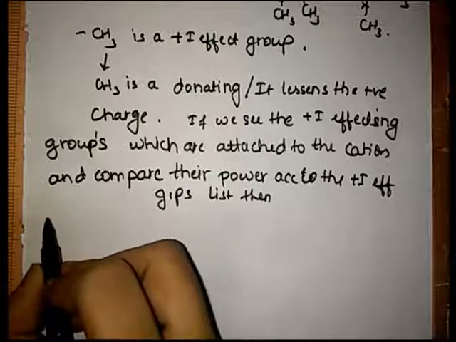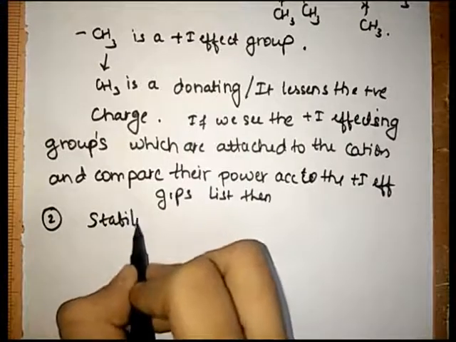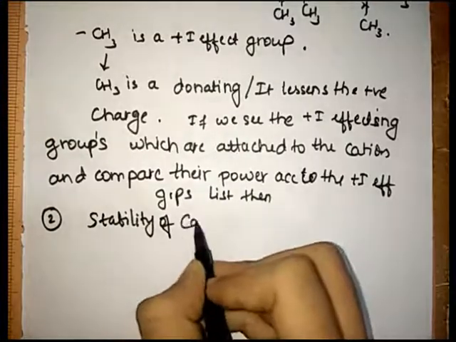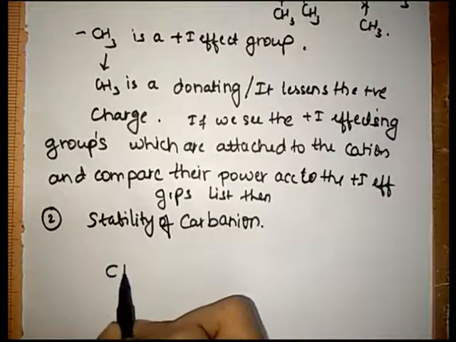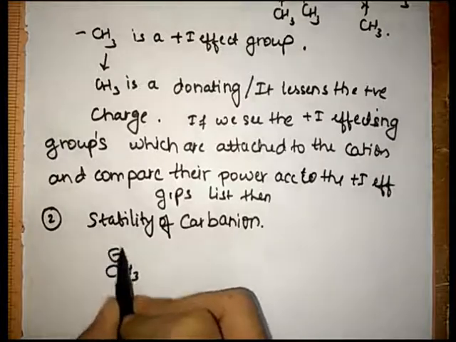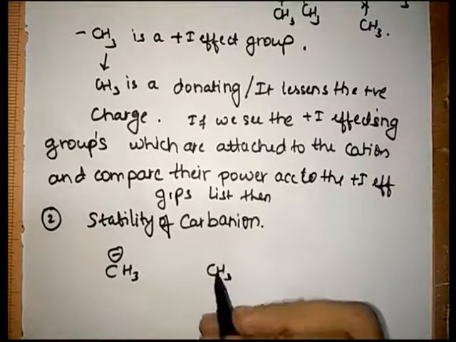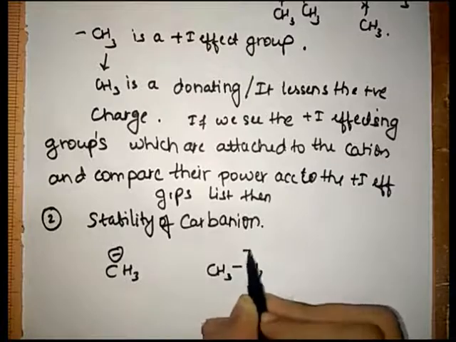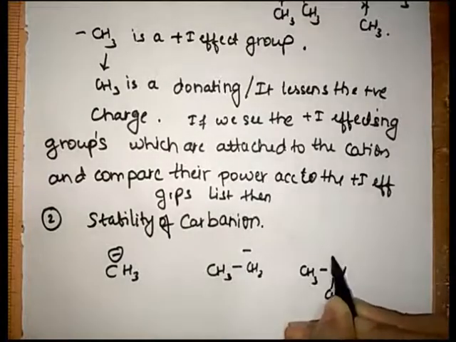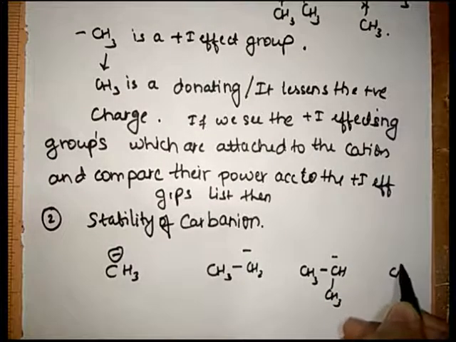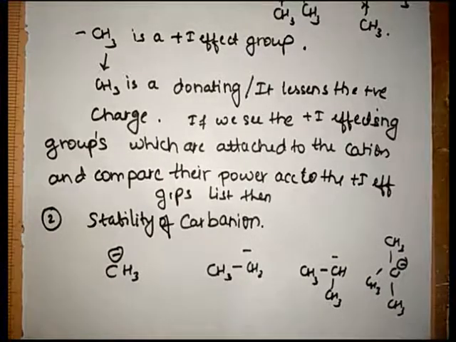Now the second application is knowing the stability of carbanion. Similarly, if we see CH3 minus, CH3 CH2 minus, CH3 CH minus CH3, and C minus with CH3, CH3, CH3.